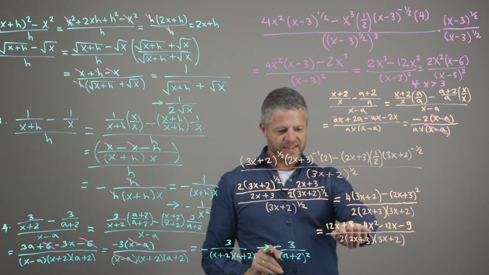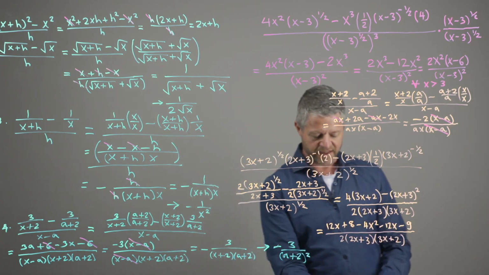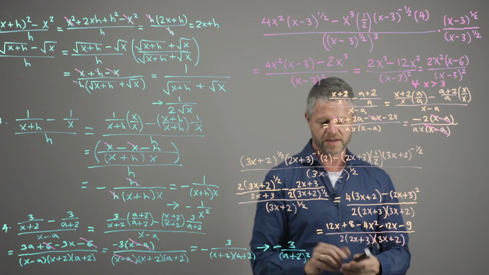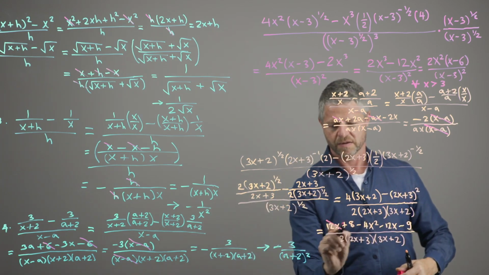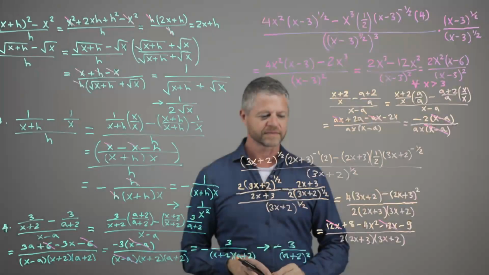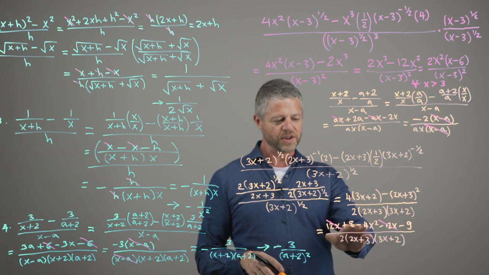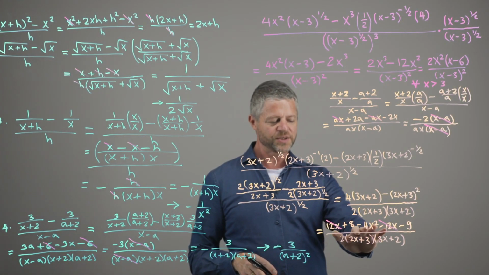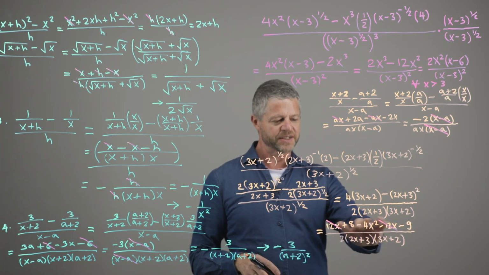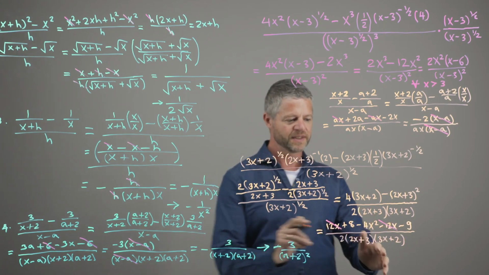And then let's collect terms. Hey, look at that, the 12x's go away. So we've got minus 4x squared, and then we got plus 8 minus 9, so we got minus 1.